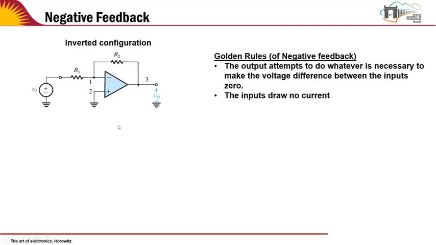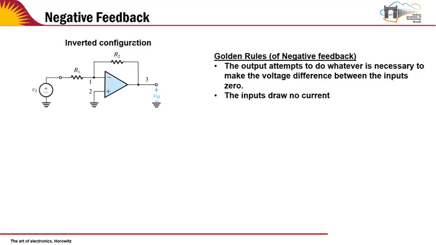The input side is basically V2 minus V1, and the output is some gain times V2 minus V1. So if the output, the amplified difference of the inputs, is fed back to the negative terminal, this negative value is increasing. That way you are getting negative feedback into the system.